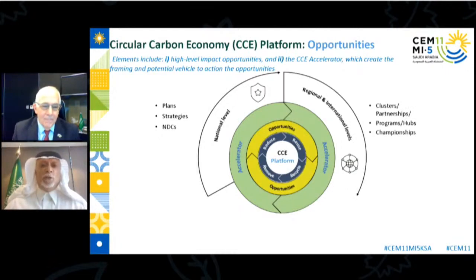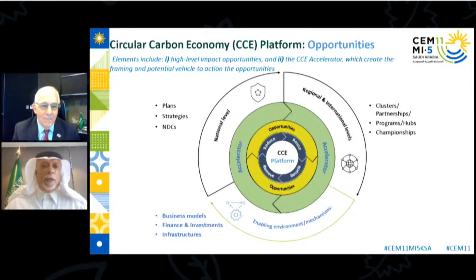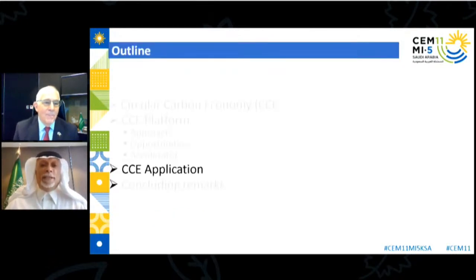You also need to scale up and go a little bit higher into the regional and international levels by clustering and partnerships, creating programs and hubs and perhaps championships. But equally important, you need to look at enabling environment mechanisms, whereby you look at different business models. You need to focus on finance and investment, of course, and infrastructure. So this is how you would advance the opportunities.